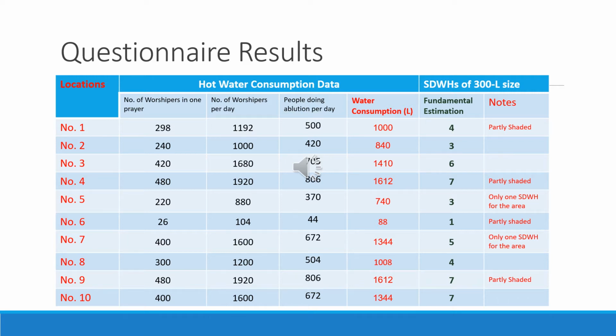We can pick some numbers here. In mosque number 4, the water consumption was 1,612 liters, the pre-estimated number of solar water heaters was 7, and the location was partly shaded along the year.